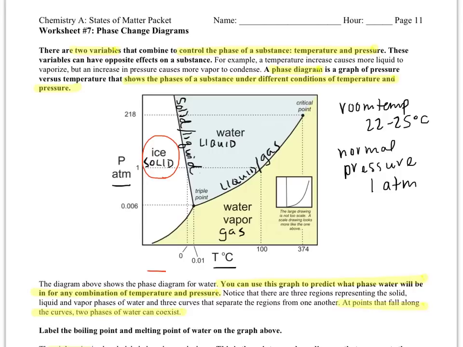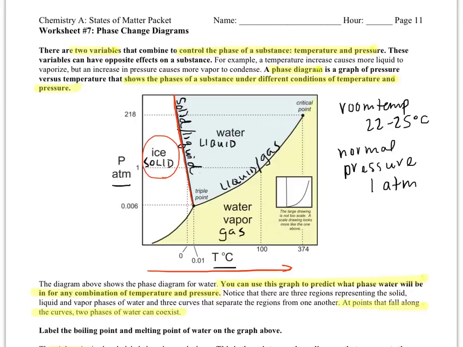As the temperature starts to go up, you get to this line that represents where kind of both a solid and a liquid exist, because the solid is melting into a liquid.